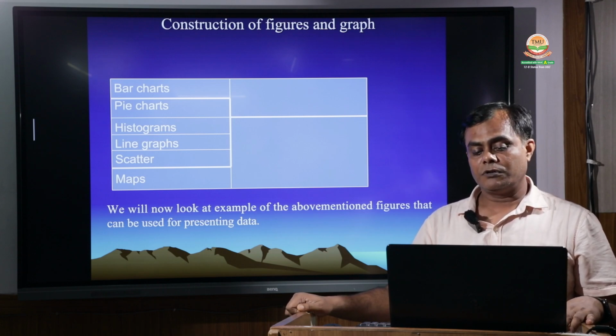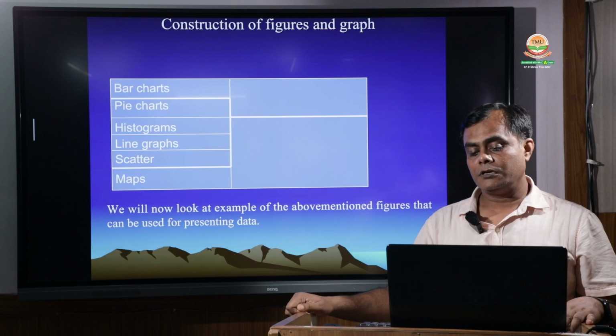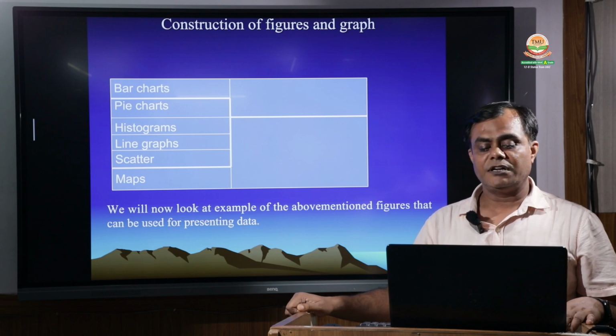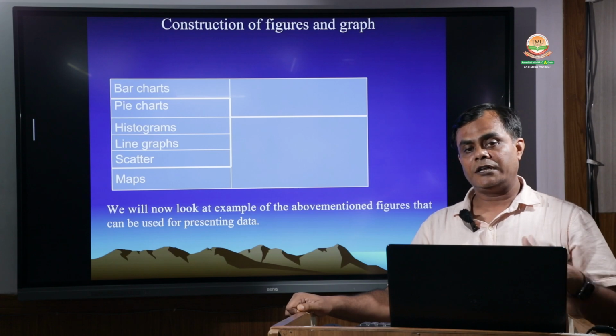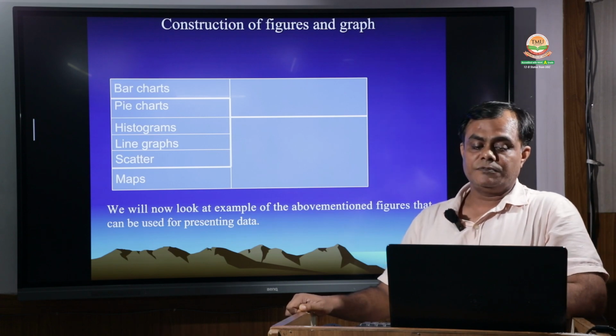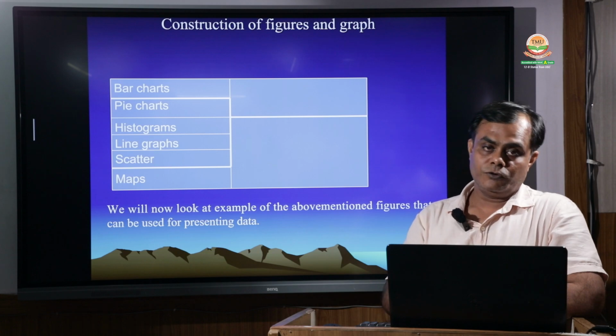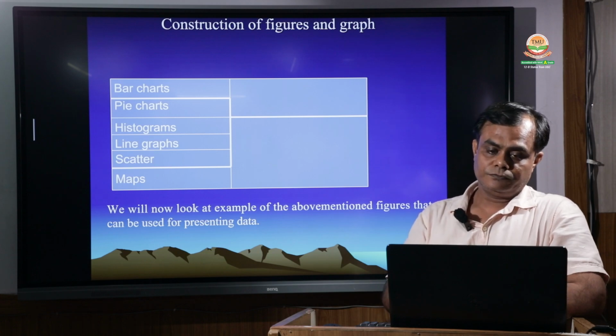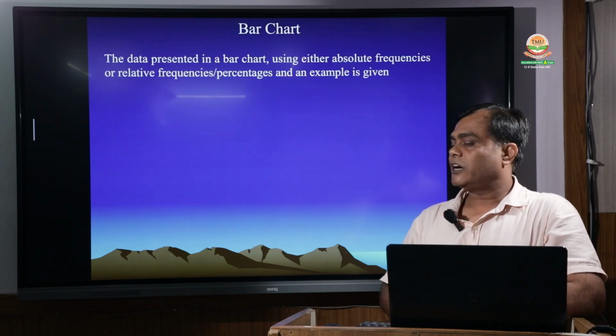We will now look at examples of the above mentioned figures that can be used for presenting data. Again I am giving you examples of the figures and graphs most frequently used in presentations. First, the bar chart.